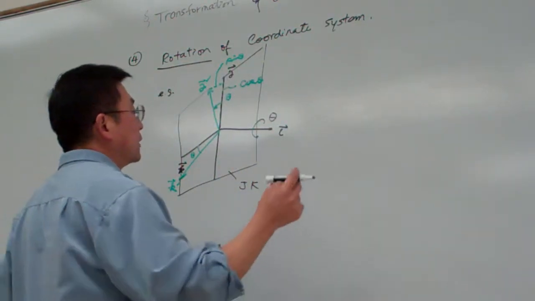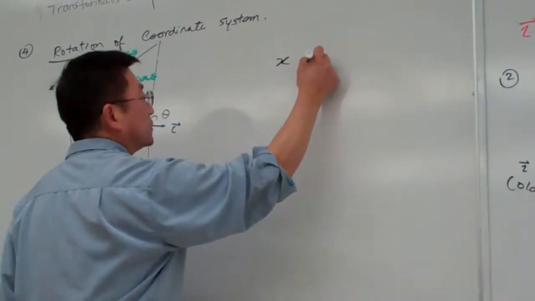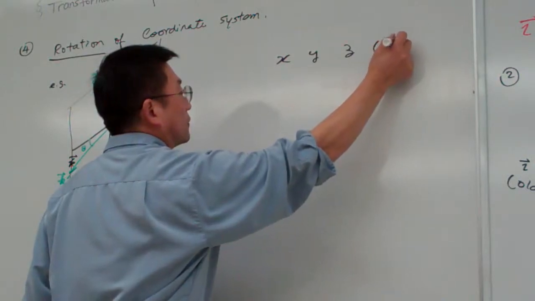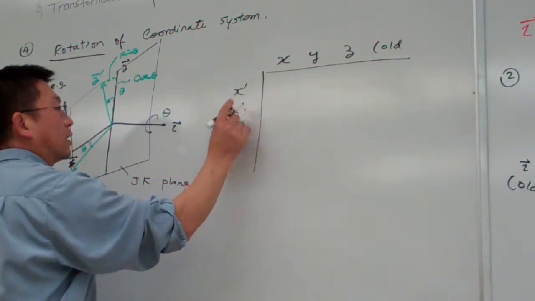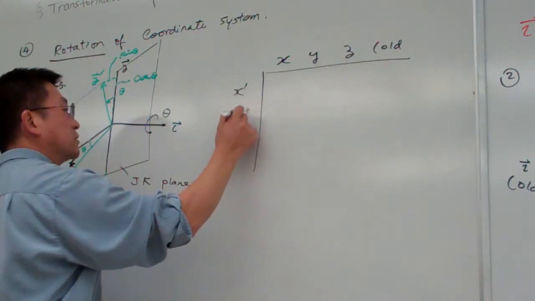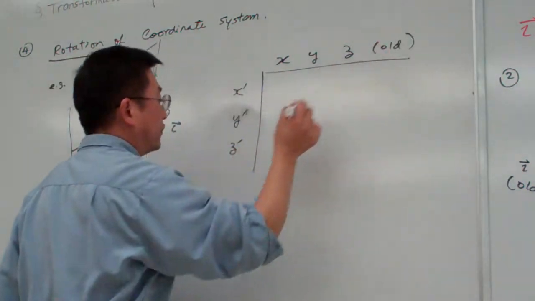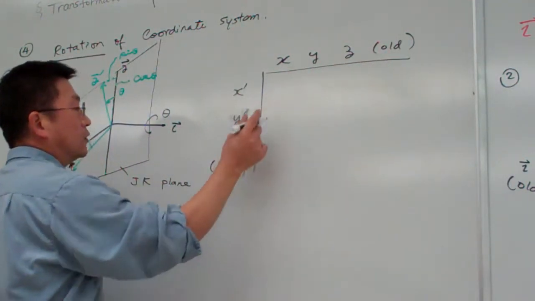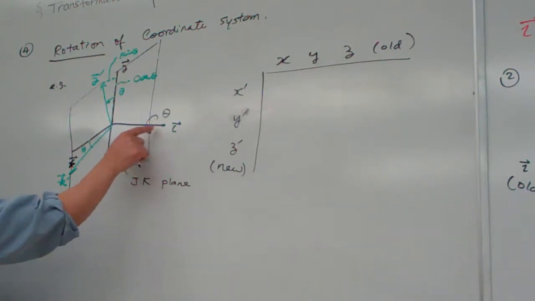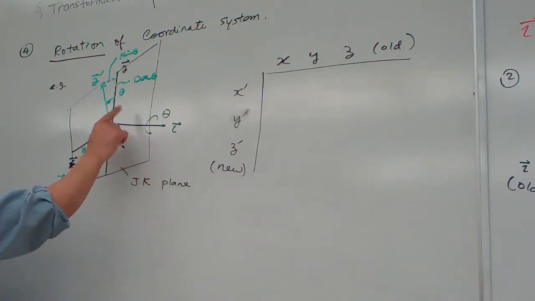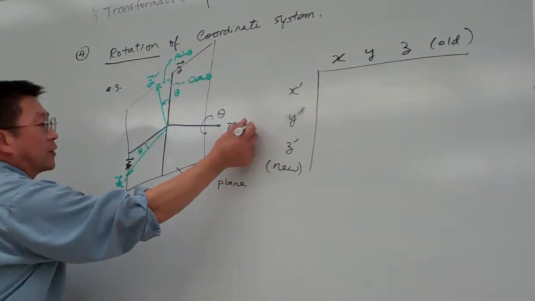In our old coordinates x, y, z, if we want to find out the corresponding coordinates in the new system, we simply need to find out the contents of x prime. Right now x, y, z correspond to I, J, K. In terms of x prime, this is our I prime direction.